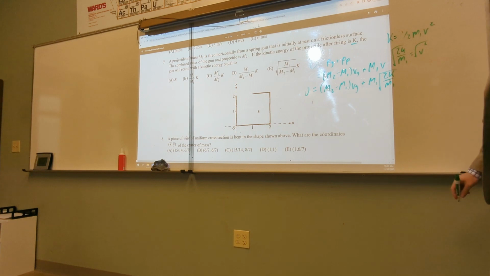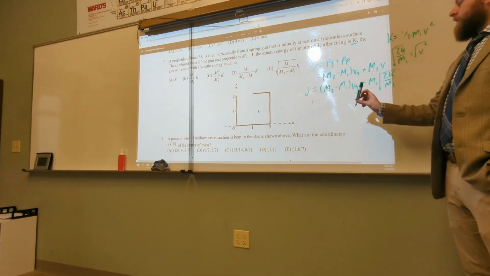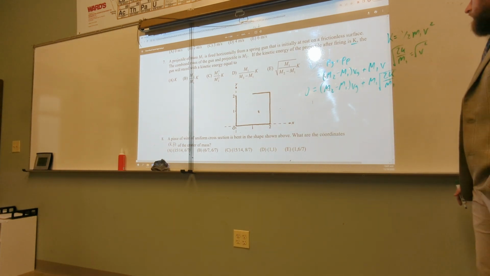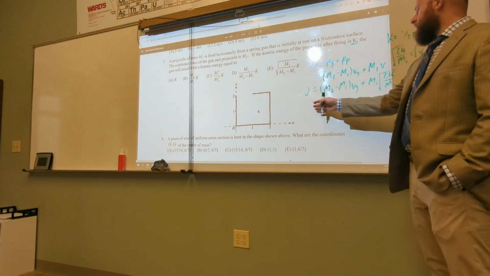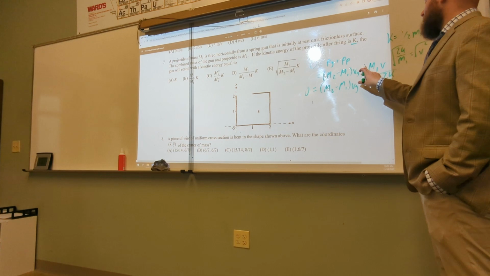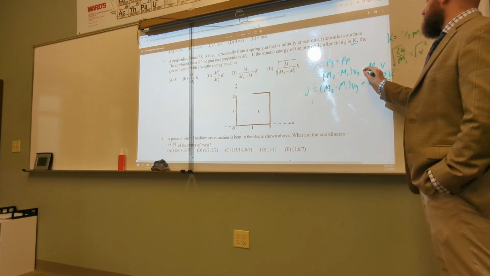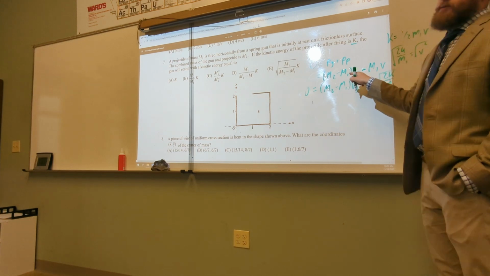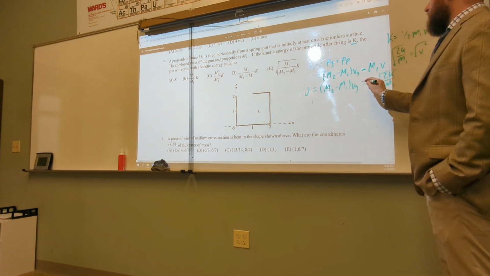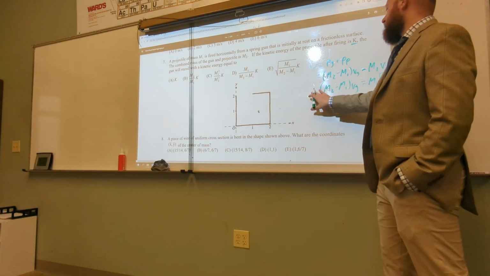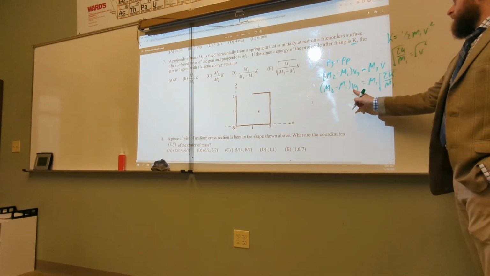Now I'm going to solve for this velocity here. So I'm going to subtract this, and put this as a negative. I know that this velocity is in the opposite direction of this velocity, which means that these two things here are equal in magnitude.